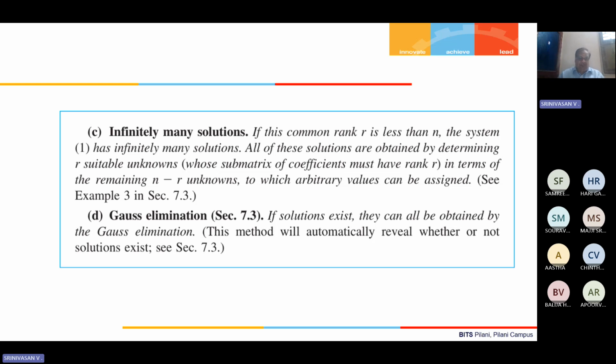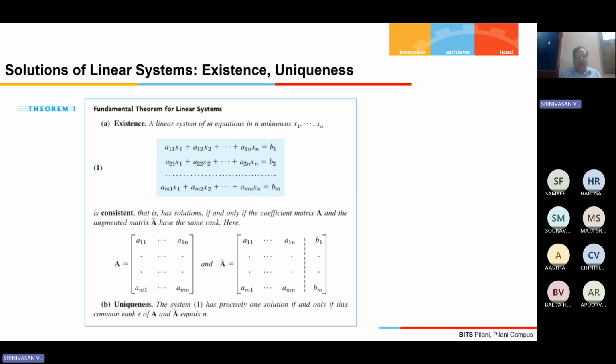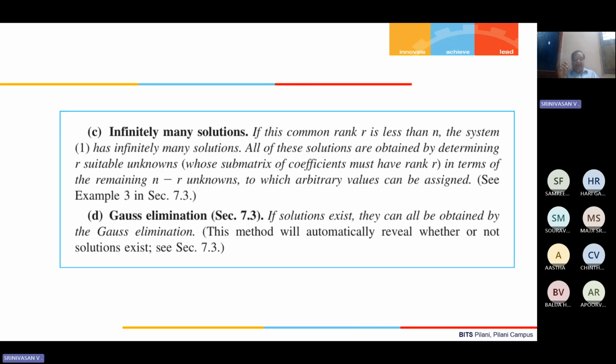So the number of unknowns is n. If the rank is less than n, the number of unknowns, the system 1, that is, the system of linear equations, has infinitely many solutions. All of these solutions are obtained by determining r suitable unknowns.